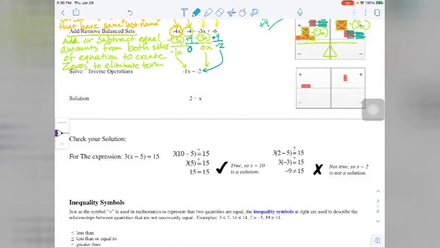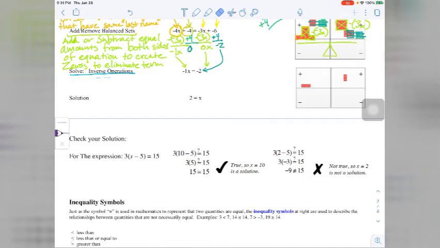Okay, so the next step, it's pretty much the last step, is using inverse operations. What we're trying to do is eliminate numbers.